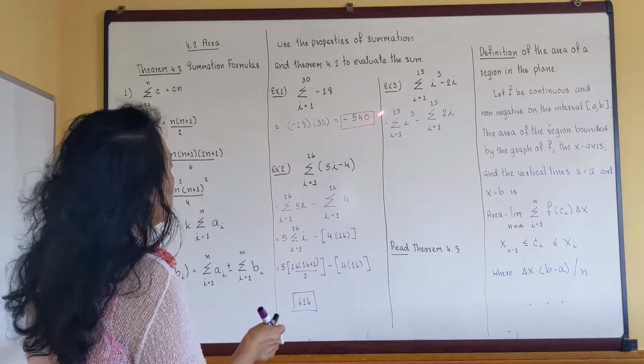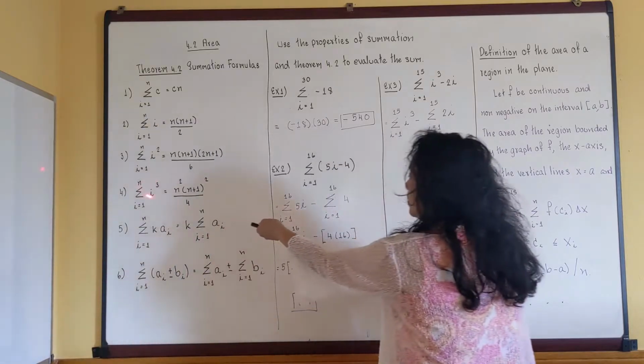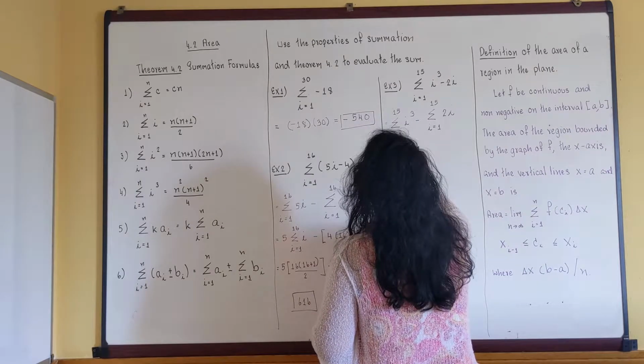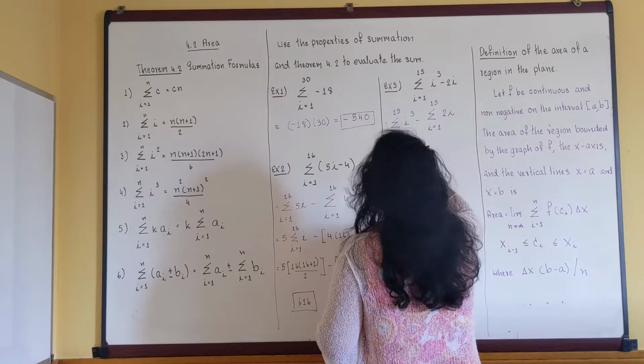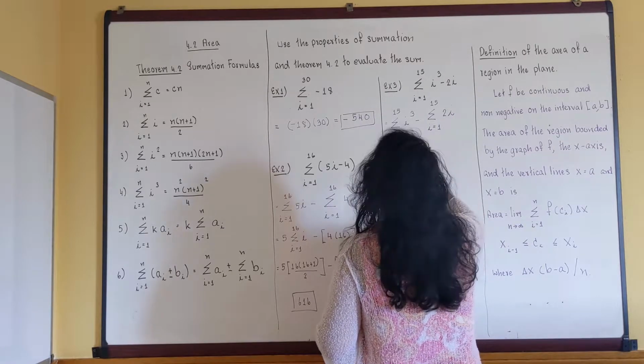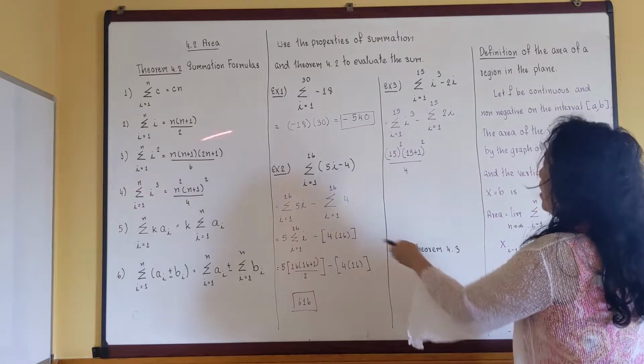My n is 15. So I'm going to have 15 squared times 15 plus 1 squared over 4, which is the fourth property.